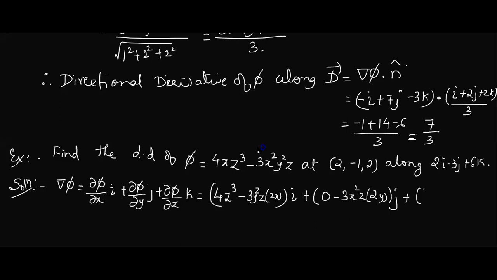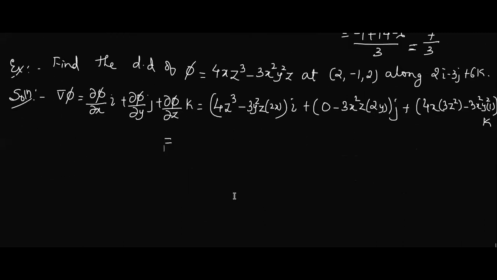So 4x constant, z cube derivative is 3z square, minus 3x square y square constant, derivative of z is 1, into k is equal to. If you want, simplify it, else you can write a simplified part. Okay, write it, no problem.